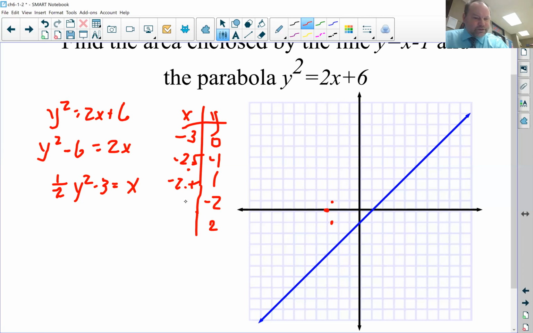At -2 x is -1. And at +2, I also get -1. So we get this parabola sitting on its side.